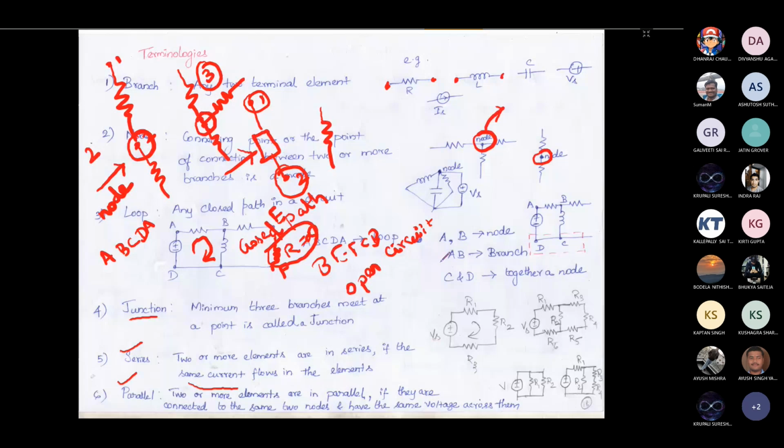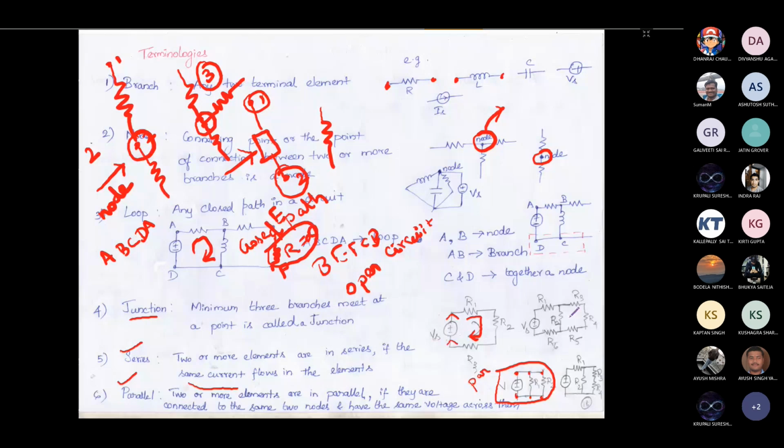For this circuit, R1, R2, R3 are in series, because whatever current comes out of the source will flow through all the resistors. So it is a series path. If you see here, whatever voltage is across this voltage source will appear across this resistor R1. Similarly, the same voltage will appear across R2. So this is a parallel circuit. In a parallel circuit, voltage will be the same. In a series circuit, the current will be the same.